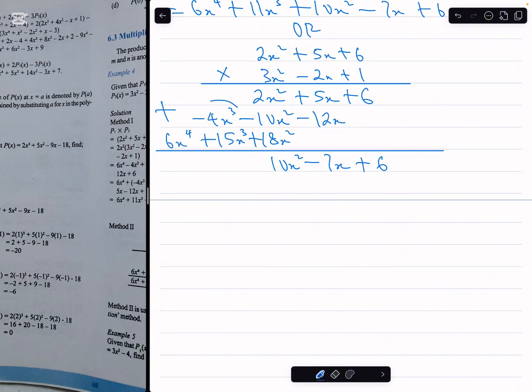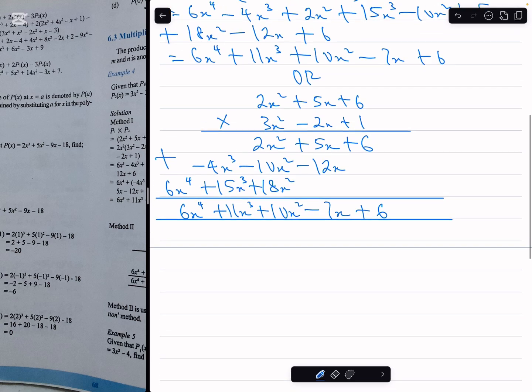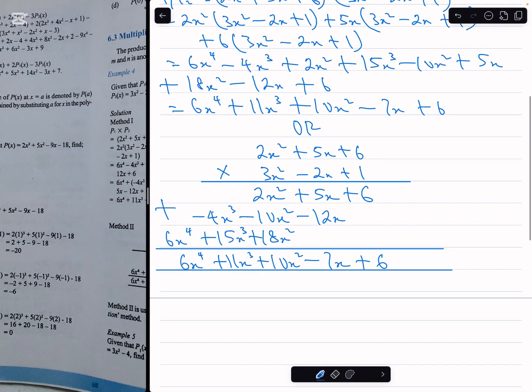And now minus 4x cubed plus 15x cubed is plus 11x cubed. And the next one is just 6x raised to the power 4. So the answer is 6x raised to the power 4 plus 11x cubed plus 10x squared minus 7x plus 6. And that's it, very, very simply.